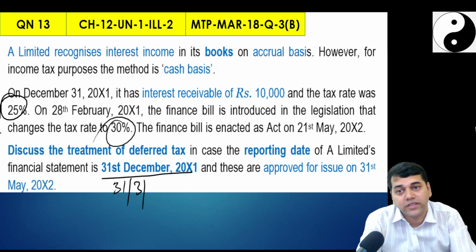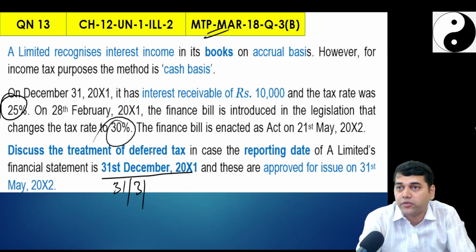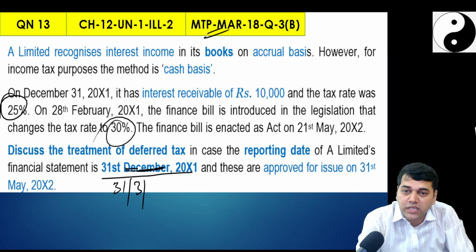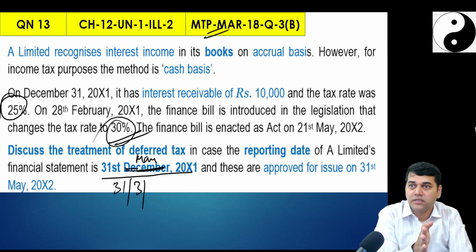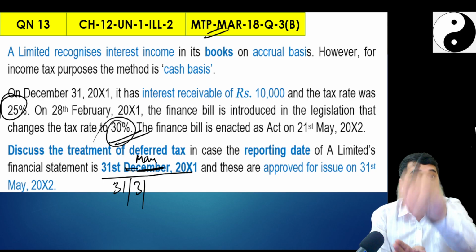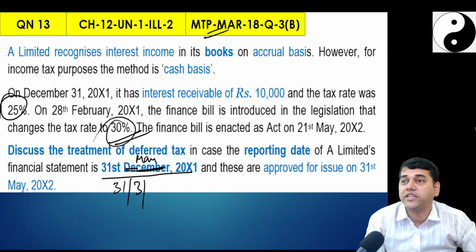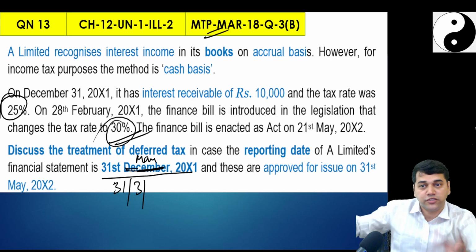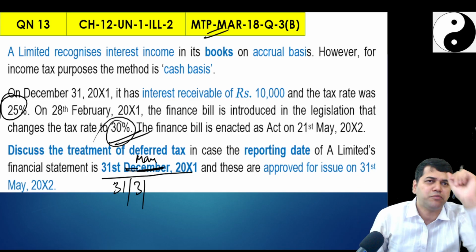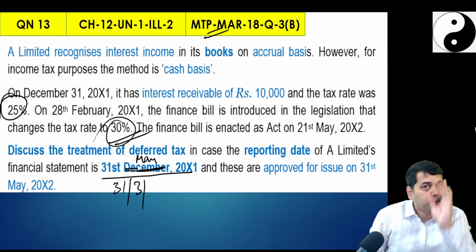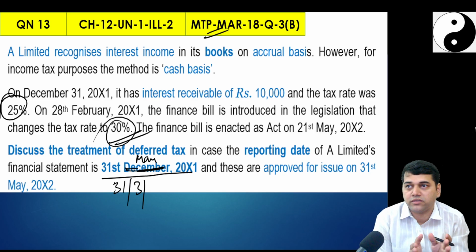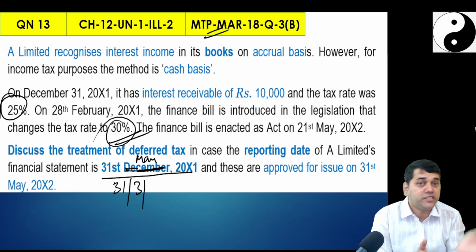In the examination, the same question may come, because it has come in the MTP also. They may change 31st December into 31st March. Then 30%. Why? Because by the end of the financial year, it is substantially enacted. Now they will add some more things, that the government had a majority, somebody in the opposition raised that this tax is going to kill the poor. Some story they will tell. Don't get moved by that. By 31st of whatever your reporting period is, is it substantially enacted?